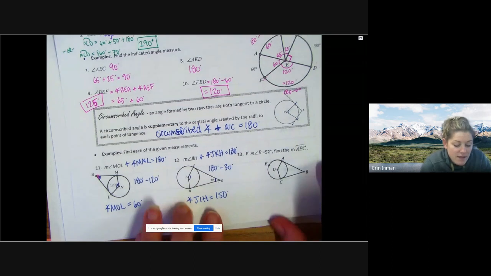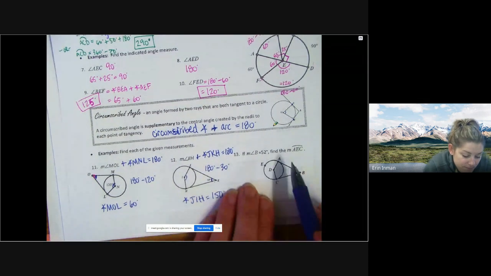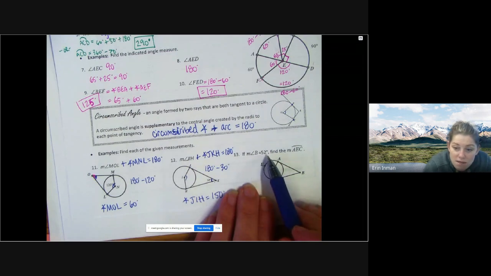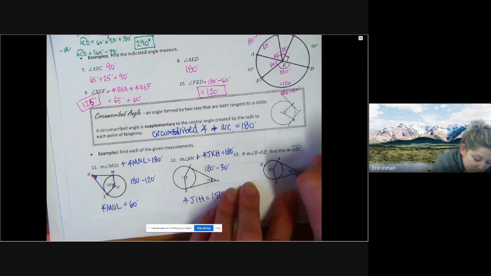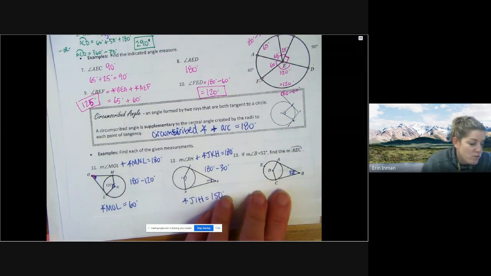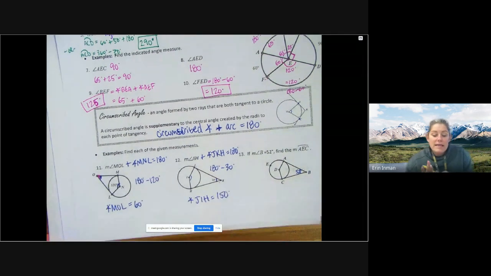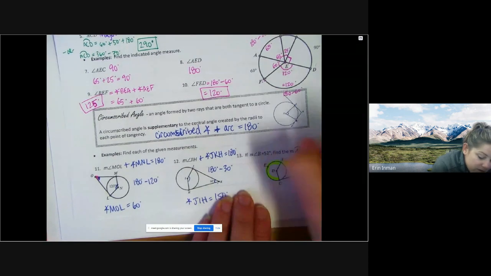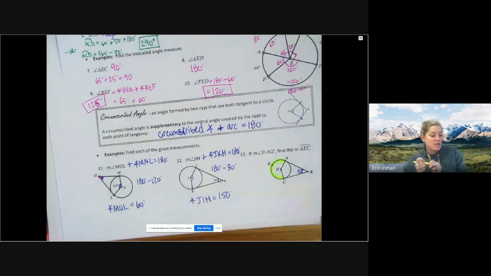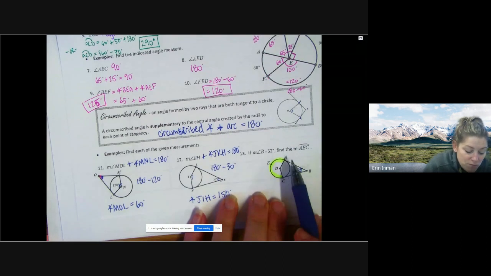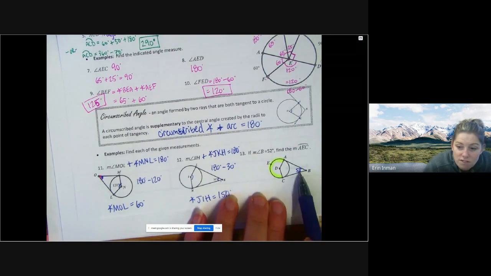Okay. And last but not least, we are looking at the measure of angle B is 52 degrees. And they're actually asking us for the measure of angle AEC. So we're going to have to use a little bit of algebra skills and our geometry background knowledge. This one's a little bit different. Remember that we know that this angle is 52 degrees.